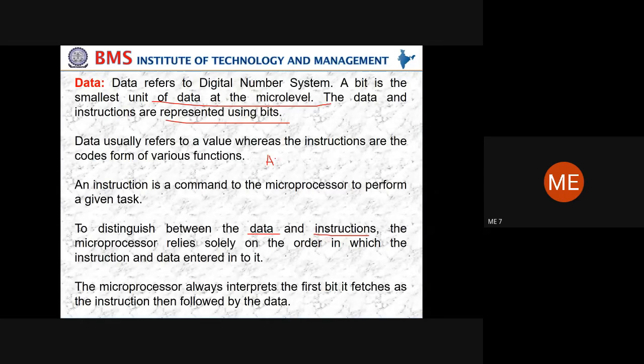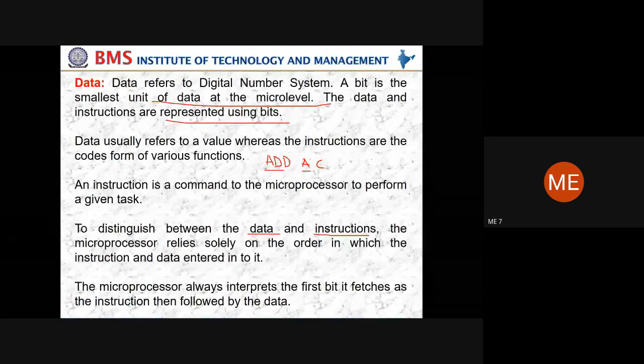As a simple example, if I write microprocessor programming, one such instruction is going to be something like this: add A and C. This is one line of a program. This is one entity, and this is another entity.